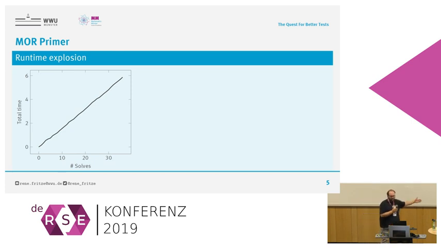This is a graph for the many-query situation, right? You have a somewhat linear explosion of runtime. The more solves you have to do for different parameters, the more time you spend. And this red curve is the visualization of a model order reduction technique. You have to invest time up front. This is the very steep slope at the beginning.